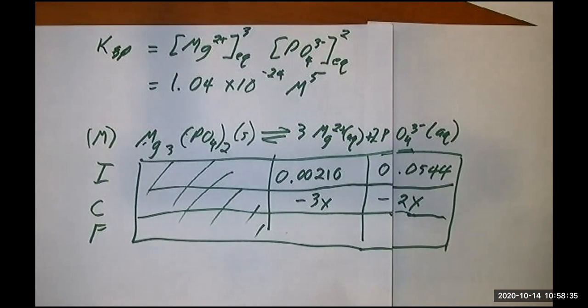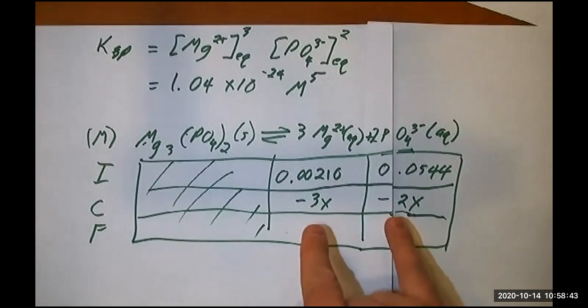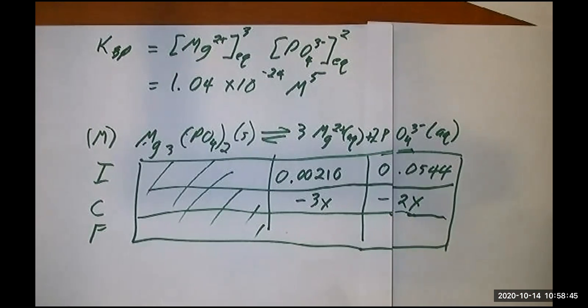Now, it is always possible to make a mistake about that sort of thing, and you choose the wrong sign on your change line. If you do that, then what you will find is that when you go through the math afterwards and solve the equation, you'll find an x that is negative, that's pointing you in the other direction.